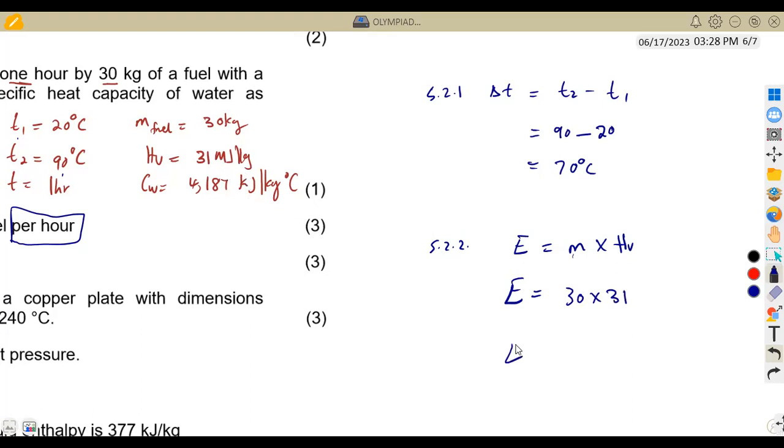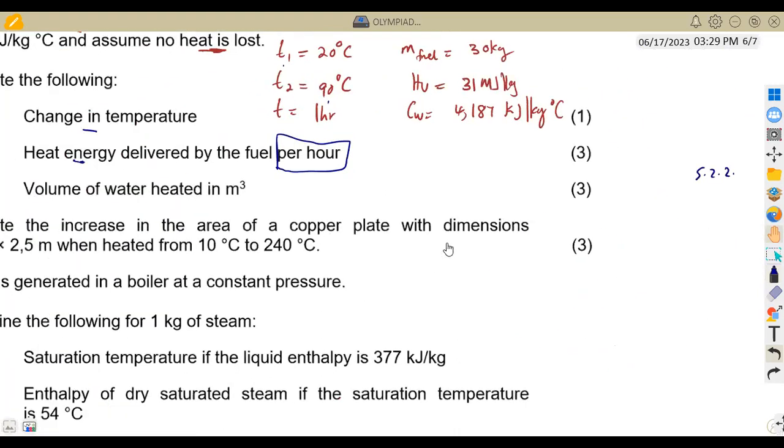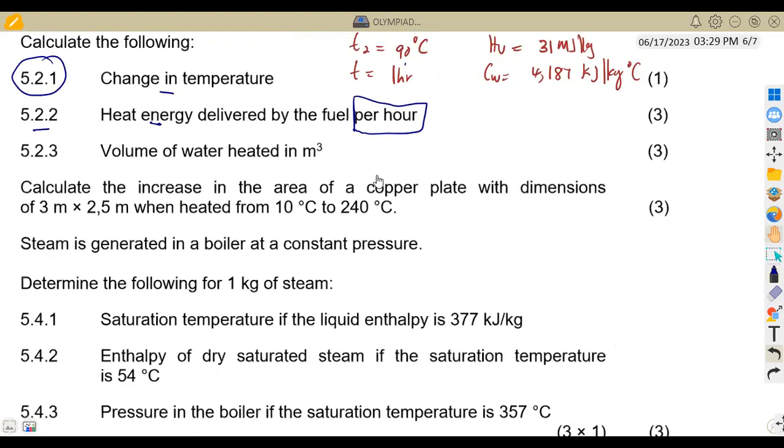So this is going to give us 930. Take note, this was measured in megajoules per kg, so our answer is going to be in megajoules. All right, so this is the heat energy that was delivered by the fuel.